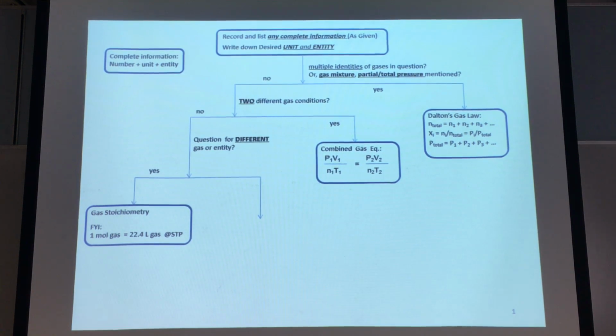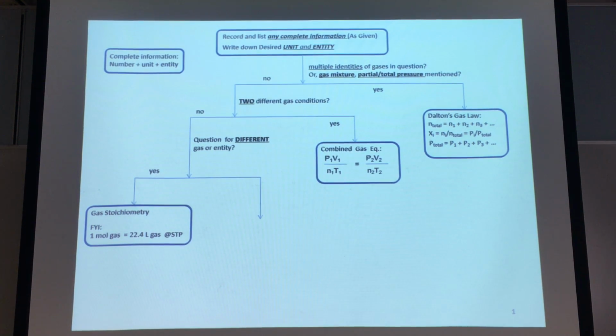So here I give you a very useful conversion factor that can easily convert moles to liters at STP, which is standard temperature and pressure, without further calculation using PV equals nRT.